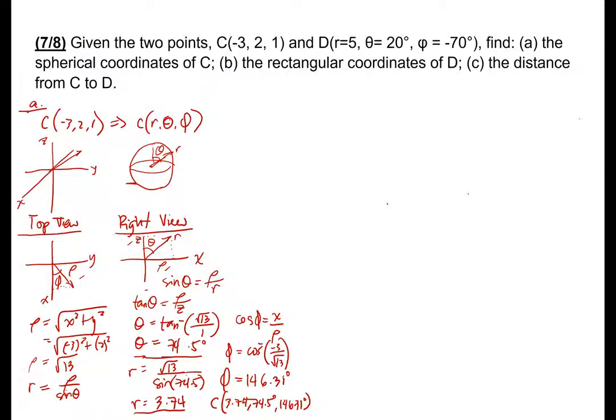Okay, let's solve for letter B. This is A, and we have B. For the B, the rectangular coordinates of D, we know that D is in spherical form. This is 5, 20 degrees, and negative 70 degrees.